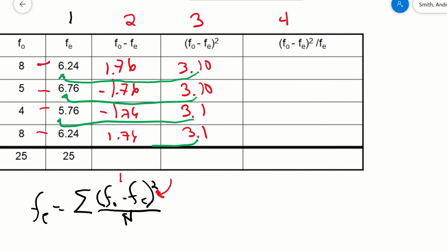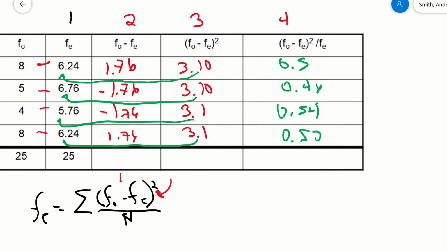So 3.10 divided by 6.24 is going to give us 0.5. 3.10 divided by 6.76 is going to give us 0.46. 3.1 divided by 5.76 is going to give us 0.54, right? And 3.1 divided by 6.24 is going to give us 0.50.